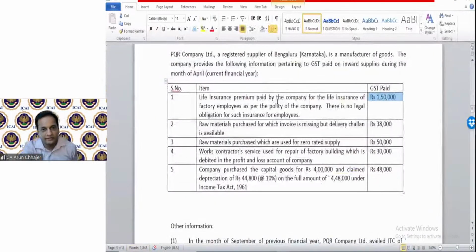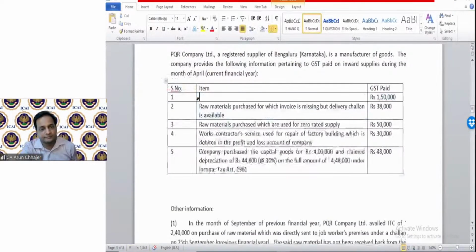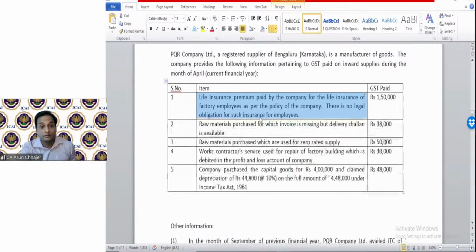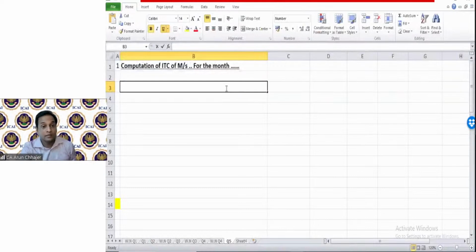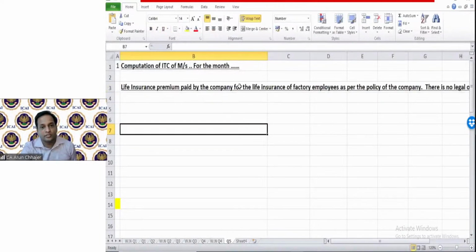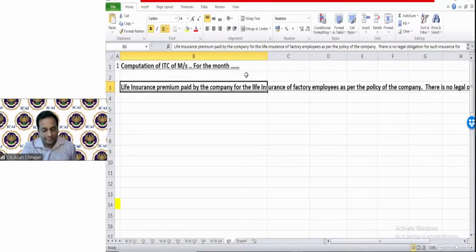What is the point? Life insurance paid by the company. Because it is not an obligation, therefore ITC will not be available. Correct?